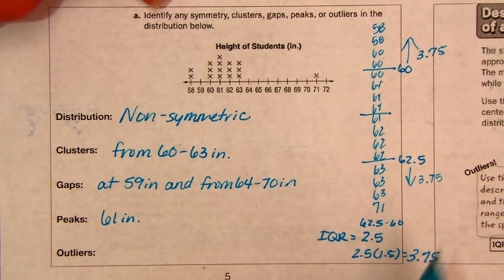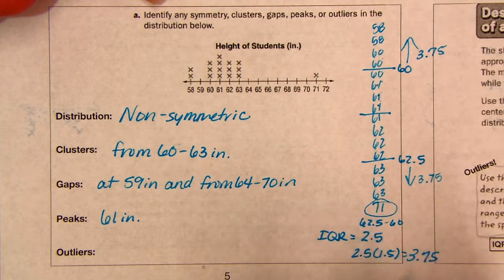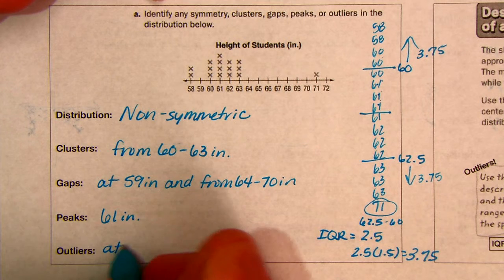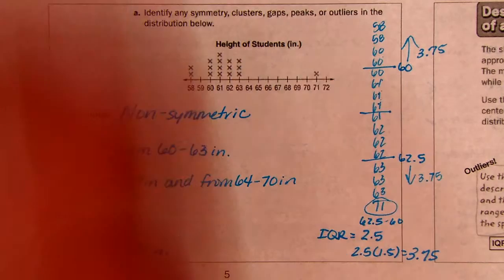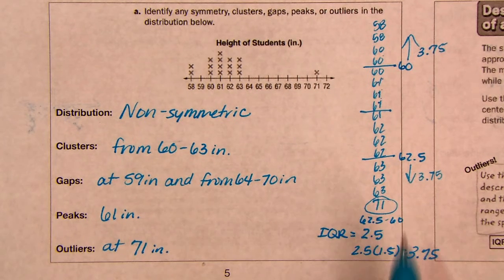So we're going to say outlier at 71 inches, because they're heights of students. Now, you could have probably determined that that was an outlier just by looking at it, and you could be safe to do that, but I just want to show you how we actually calculate and determine if it is truly an outlier or not. So if you're ever unsure, that's how you do it.